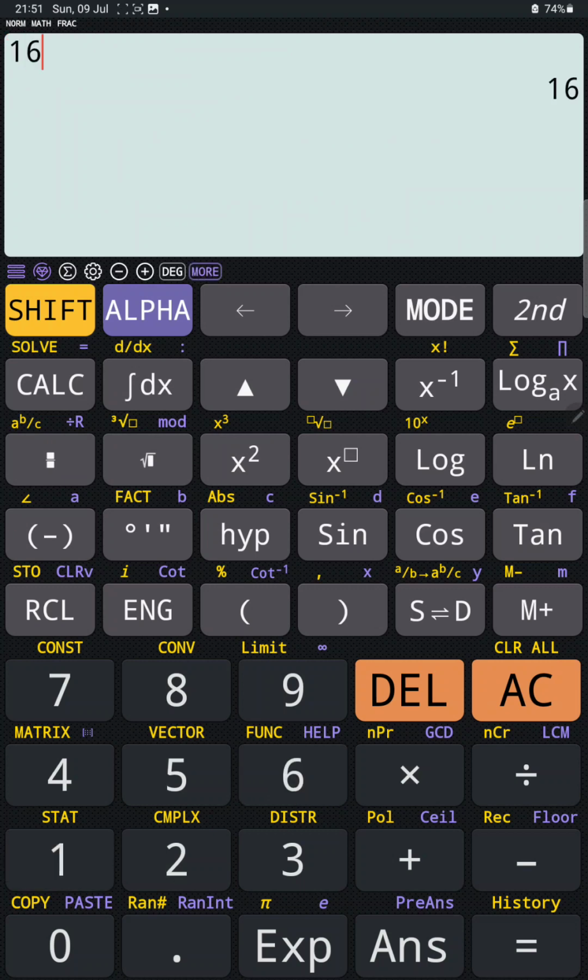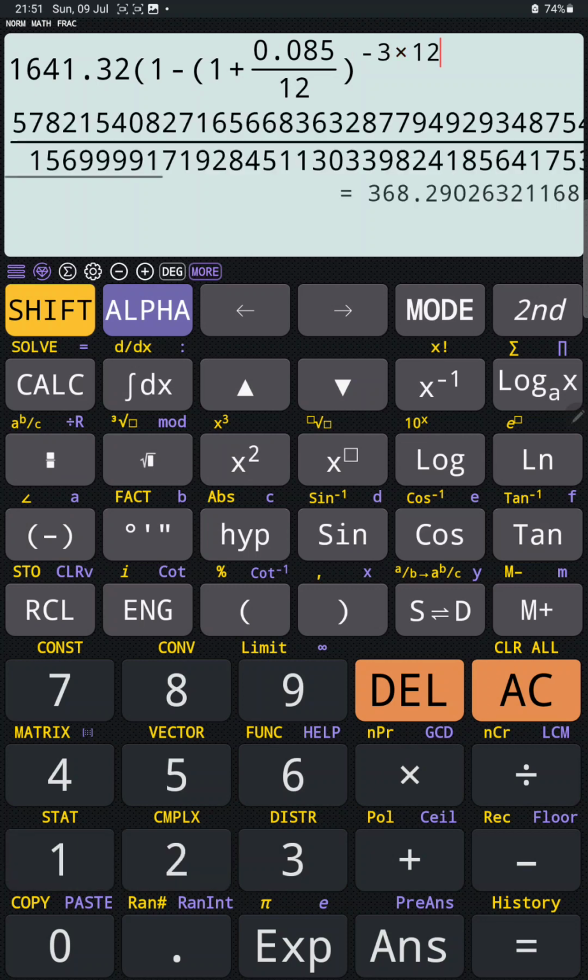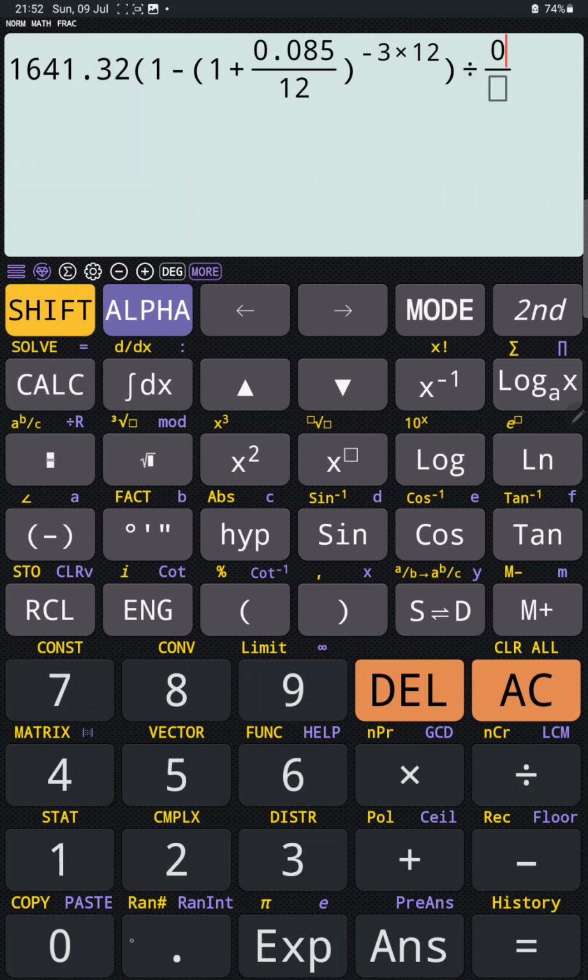We've got 1,641.32 and 2 brackets, of course, 1 minus, and open brackets 1 plus 0.085 compounded monthly, and then to the power negative 3 times 12, and then we close the bigger brackets and then divided by 0.085 over 12.